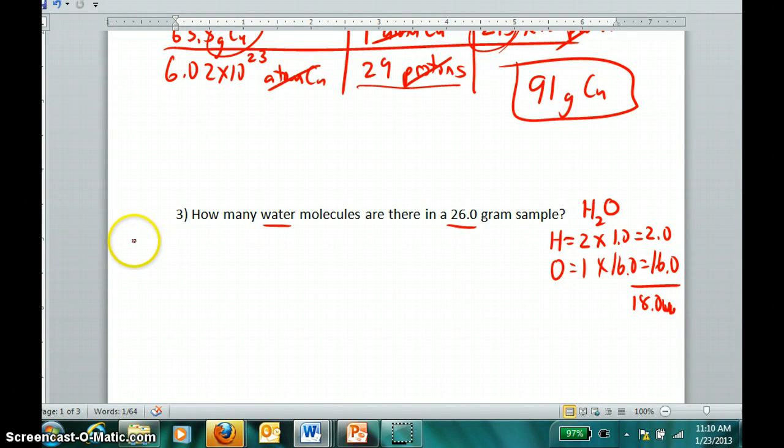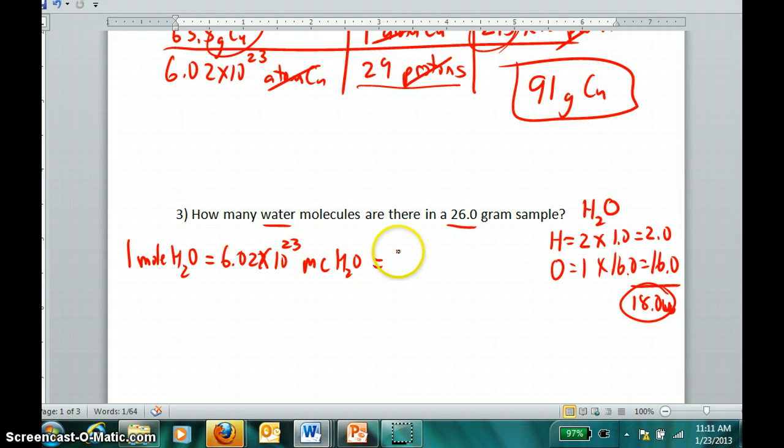Now that's important so that when I write my holy trinity for water, I know 1 mole of water molecules equals Avogadro's number of molecules, which I abbreviate MC for molecules of water. And that has to equal the gram formula mass, which of course is a molecular mass in this case.